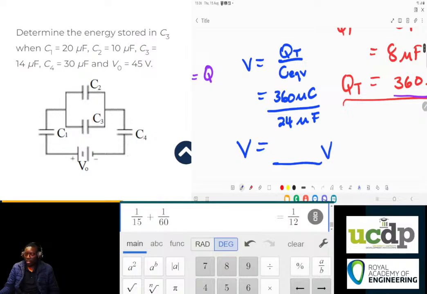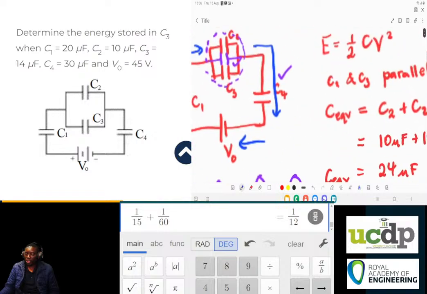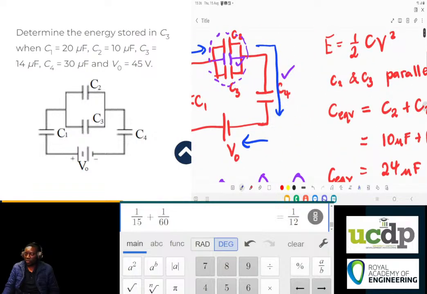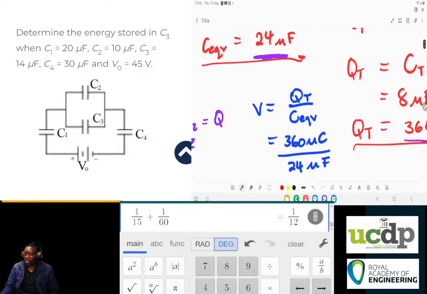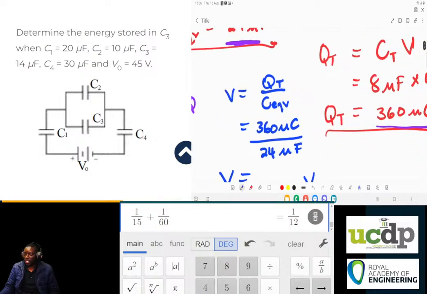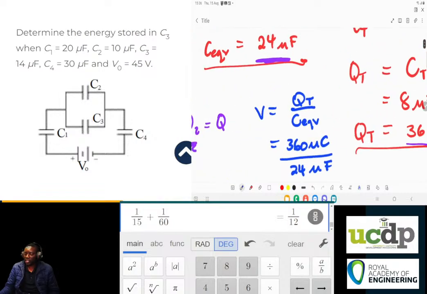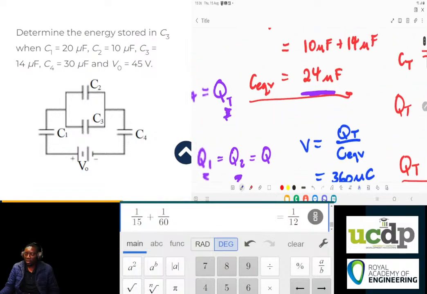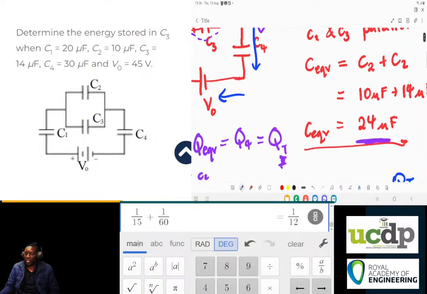Oh, I'm breaking. So I was asking, if we say the total charge on the equivalent capacitance is the same as the charge in the total equivalent capacitance of the whole circuit, then this total charge being 360 means that's the same charge that is on the parallel capacitors.